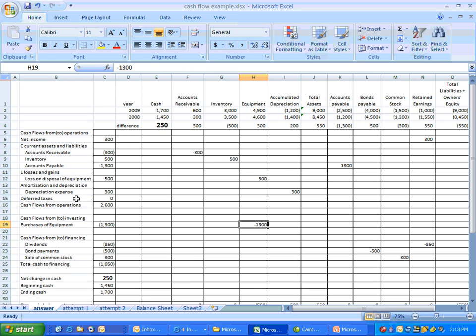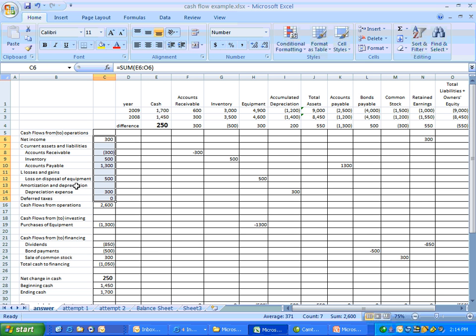Let's finish up the operations section. So we've done the losses and gains. We've done the amortization and depreciation. Last one is deferred taxes, and in this example I didn't give you any deferred taxes, so we don't need to worry about it. So my net cash flow from operations, all I've done is I've taken my net income and I've totaled up all of my changes related to the current assets and liabilities, adding back the losses on the disposal of $500 and adding back the depreciation expense of $300.